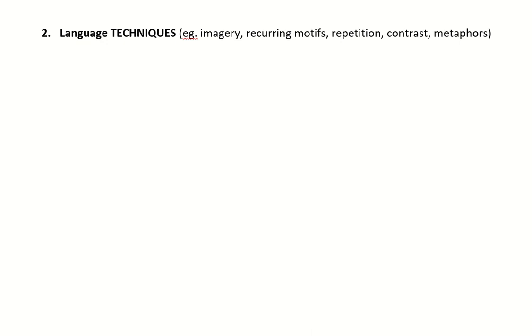Recurring motifs in the play, the use of repetition, the use of contrast, and again, some of the figurative language such as metaphors that we see. Have for yourself identified some of those key pieces alongside key quotes, and that does really set you up to have a good summary of different parts of the play to connect with different types of questions here.